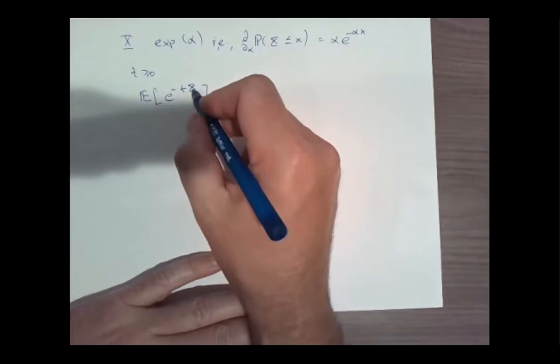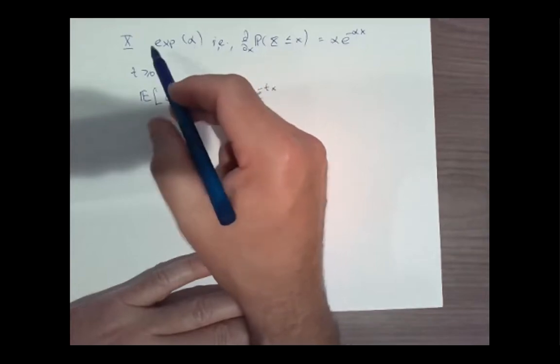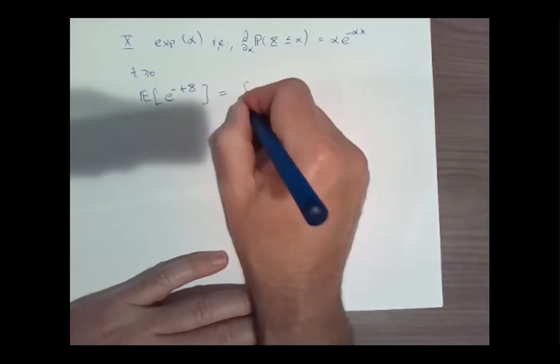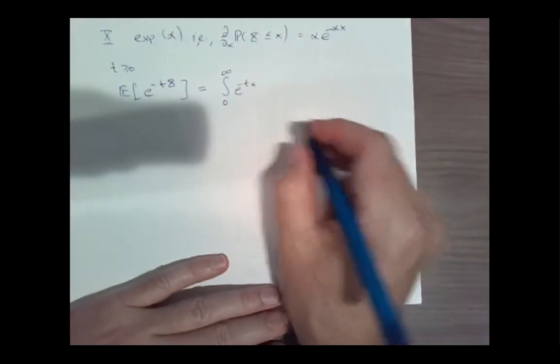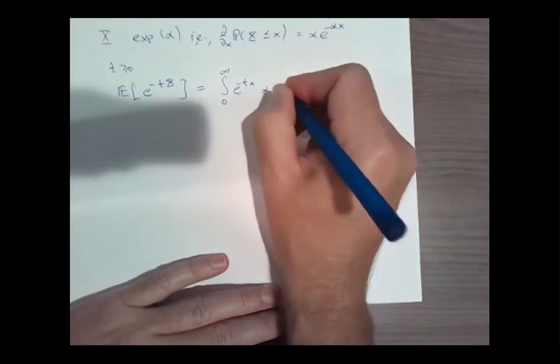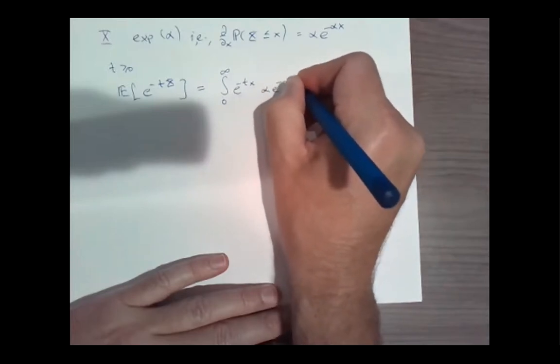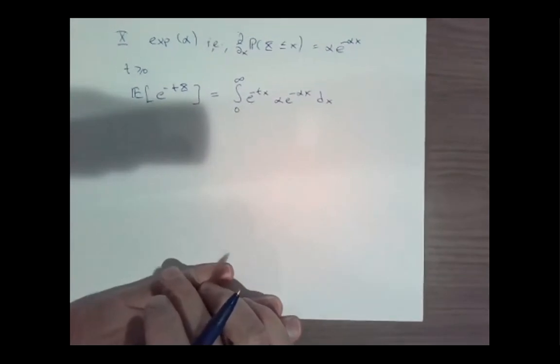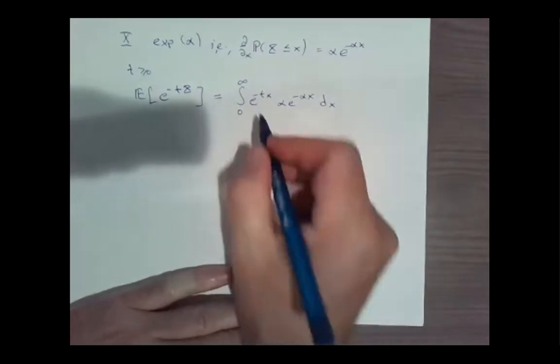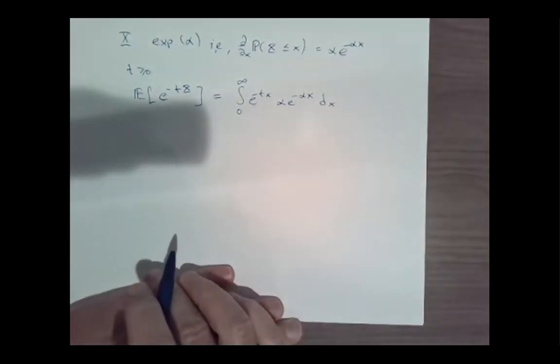Then you integrate over where the random variable takes values. If x is exponential, it's non-negative, so it runs from 0 to infinity. You multiply by the density, alpha e to the minus alpha x, and integrate. So this question asks you to compute this integral.